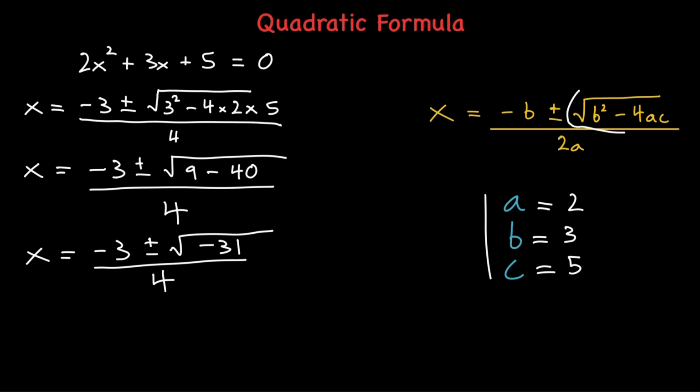And we'll go over that in another video, but that looks at b squared minus 4ac. And that can help you predict how many solutions you'll have whenever you have a question. But for the sake of this example, what you need to know is because we have a negative number in our square root when using the quadratic formula, it means there are no solutions for x. And so then you could just say x has no solutions.